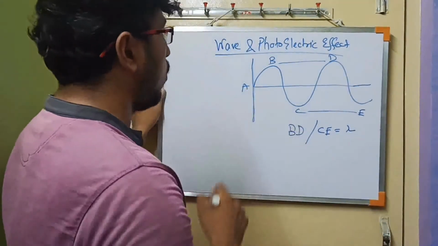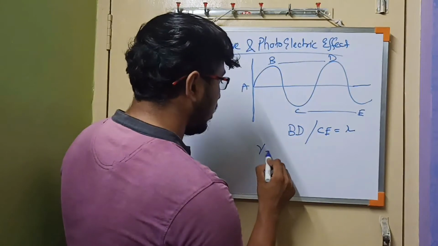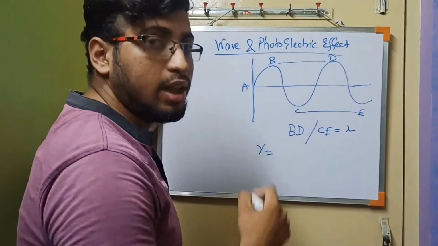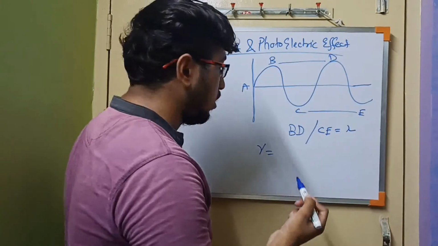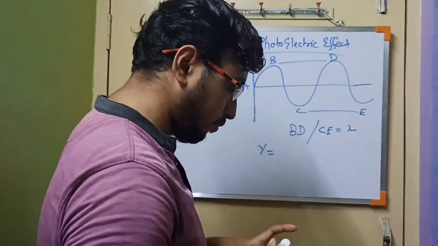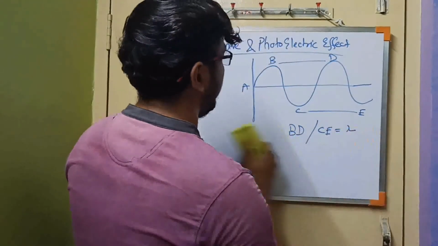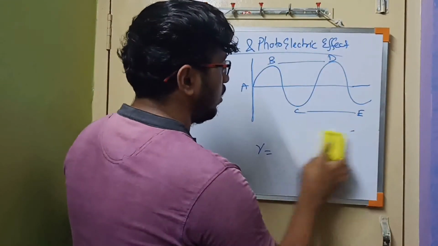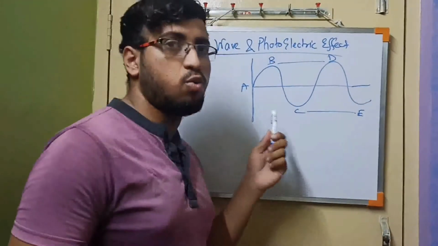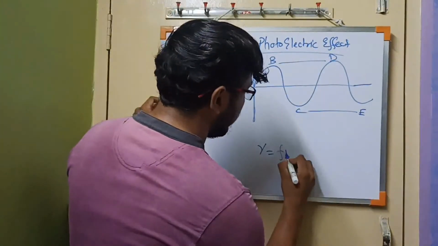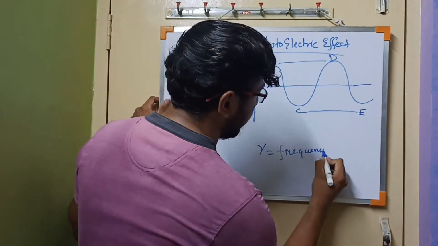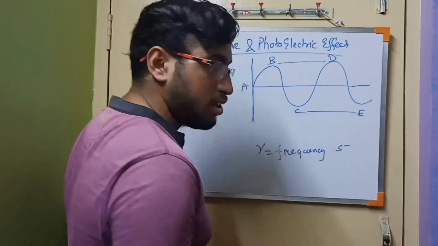Now what is frequency? It is the number of waves generated per second. As it is the number of waves generated per second, it has the only unit of second inverse.